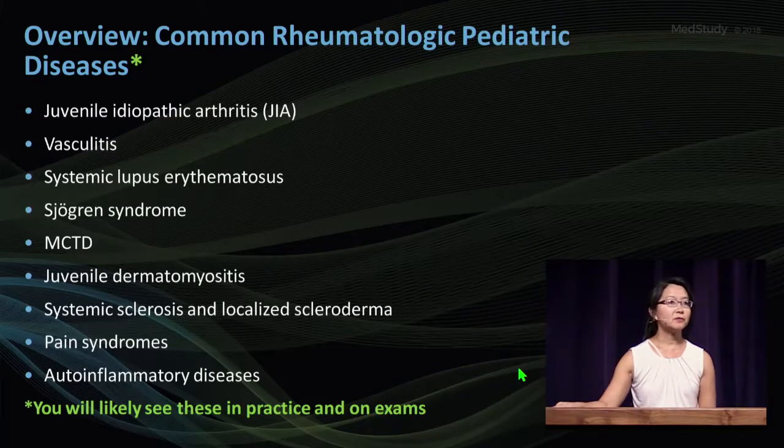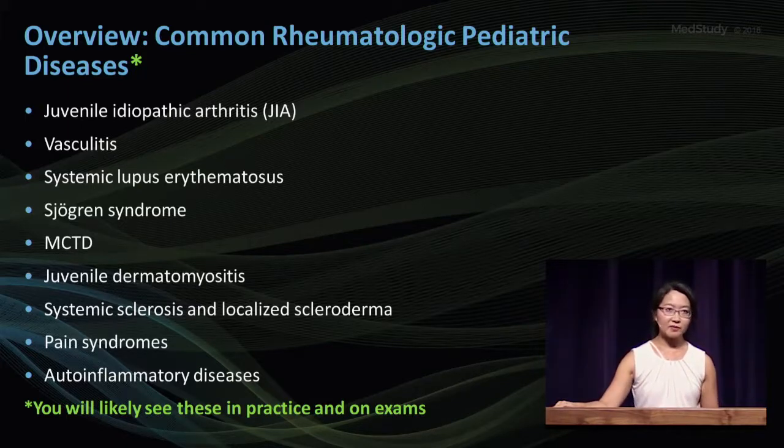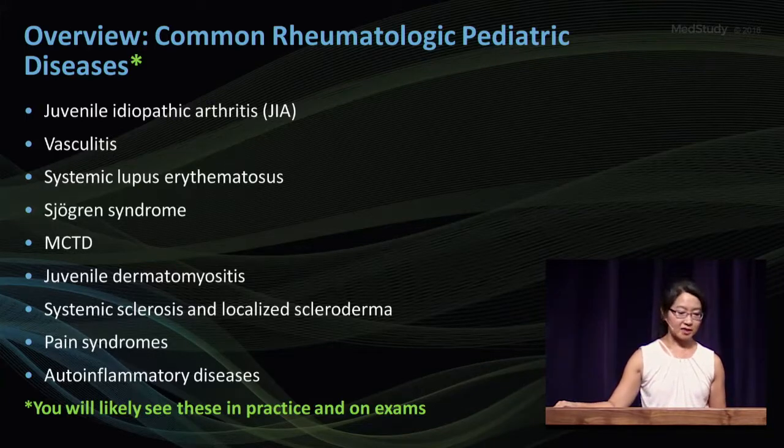So what I'm going to do in this lecture is cover common rheumatologic diseases. Remember, it's about patterns. It's not about laboratory values, so I want you to be familiar with and able to recognize patterns.